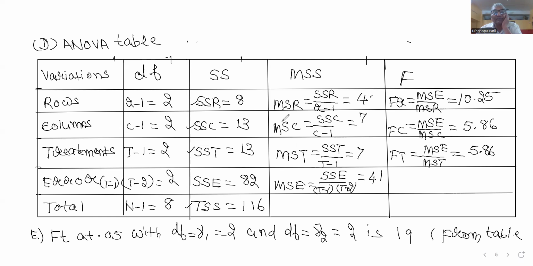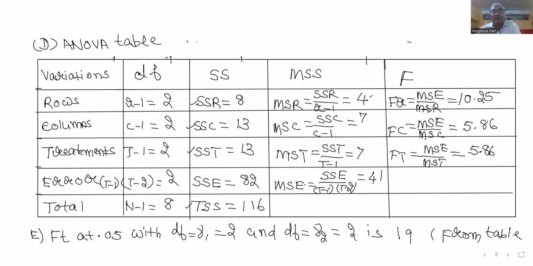Now, F equal to, my dear students, in the book it is given, MSR divided by MSE is given. If MSR is greater, here what happens? MSE is greater than MSR, MSC, MST. So that MSE divided by MSR, MSE divided by MSC, MSE divided by MST you have to take. FR equal to MSE divided by MSR. Suppose if this MSR is greater, if it is 60, then 60 divided by 41 you have to take. But here 41 is greater than 4.